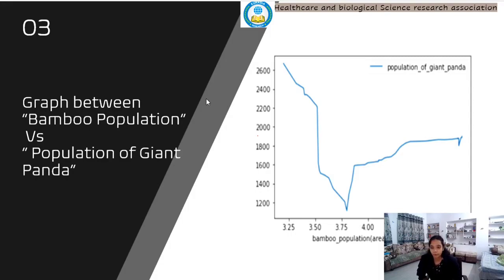When the bamboo population is at the peak, there will be no shortage in the diet of the Zein panda, and then they are able to thrive well. Initially, when the population of Zein panda was 2600, at that time the population of bamboo was 3.25 million hectares. Later, as the bamboo population increased, the population of Zein panda also increased gradually.